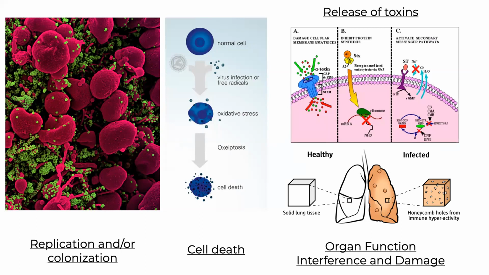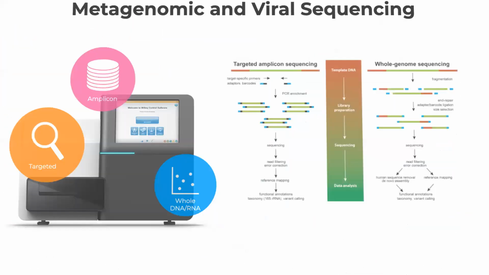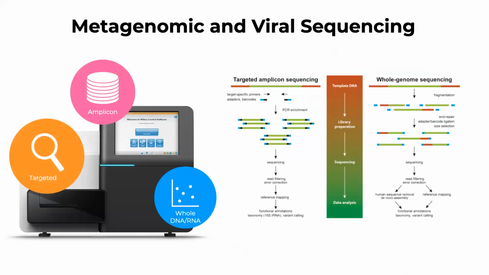We can monitor what happens to host cells, for example, processes that cells go through and eventually cell death, and also how that affects organ function, interference, and damage. So how do we describe the process of disease and infection through our understanding of what happens with the host? And we started talking about sequencing as one of the methods to understand and monitor this process.